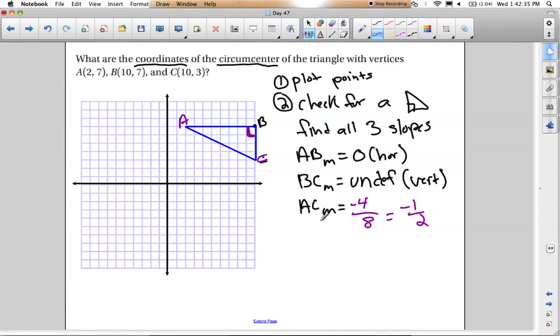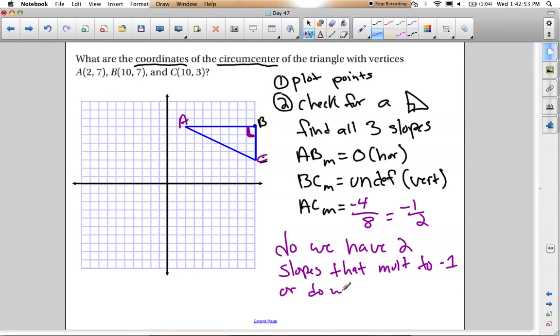Checking for a right triangle, we have to check: do we have two slopes that multiply to negative 1, or do we have both a vertical and horizontal line?